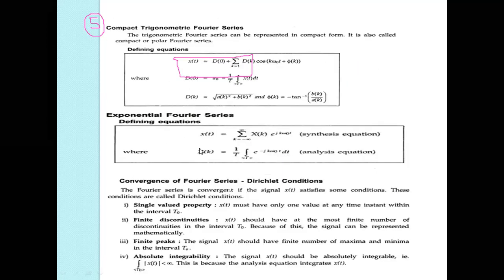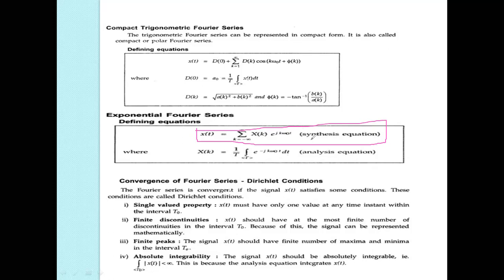Here, x(t) is equal to the sum of k equal to minus infinity to infinity of X[k] e^(jkω₀t), a positive exponential, as the synthesis equation.